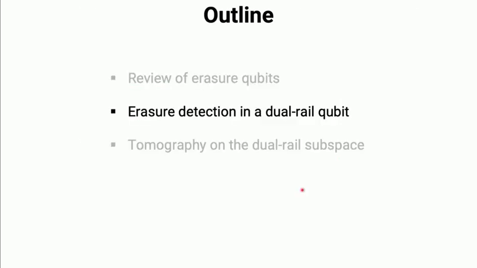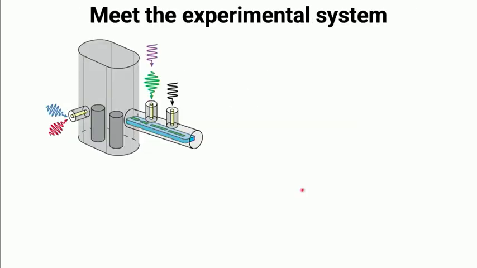Great, so how can we detect these photon losses? To do that, I have to use an ancilla, which is going to be a transmon qubit in my case. So let me introduce our experimental system. Here we have our double post cavity system. It's made of aluminum. Essentially, you take a block of aluminum and you drill into it a cavity until you're left with two posts of equal size at the bottom here.